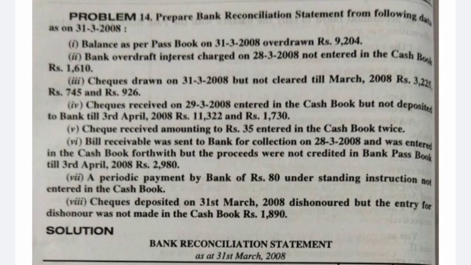Next, checks received on 29th March 2008 entered in the cash book but not deposited to the bank. Deposit is a receipt, right? If we had deposited in the bank, the passbook might have shown a higher balance of receipts by rupees 11,322 and 1730, but we did not deposit them.